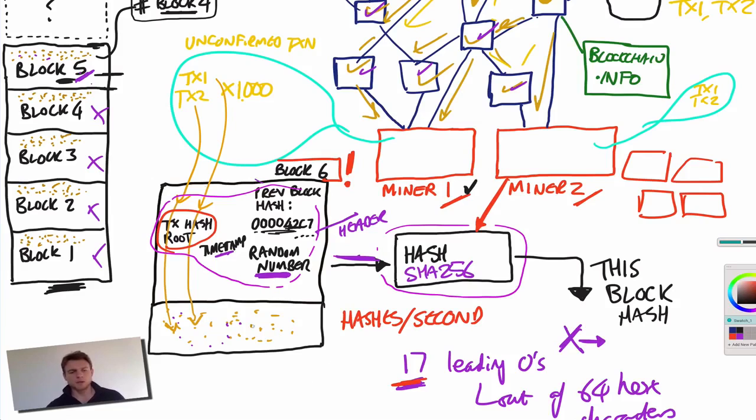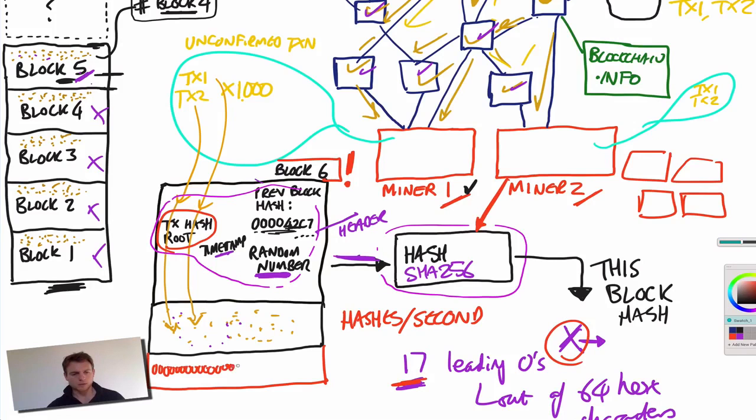So when the miner sends this block around, because they've managed to generate this value x, which has 17 leading zeros, this hash will look like 1, 2, 3, 4, 5. Am I really going to draw 17 zeros?